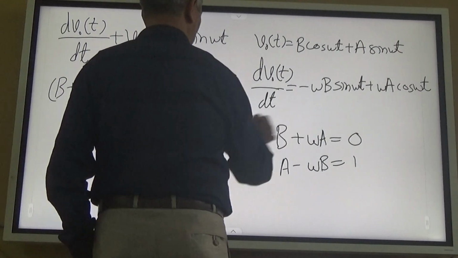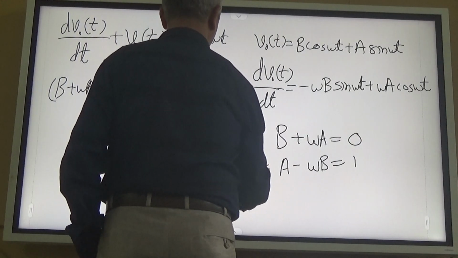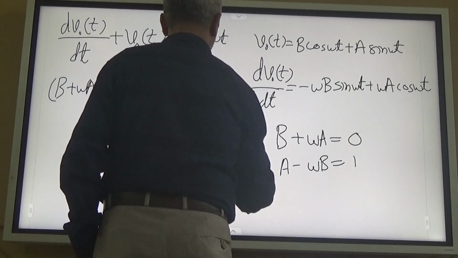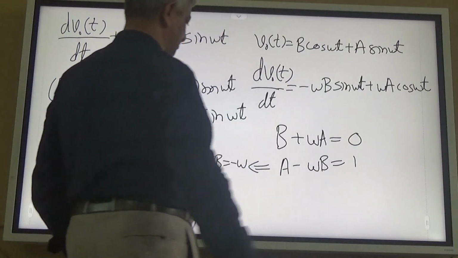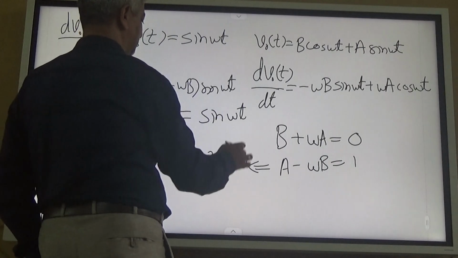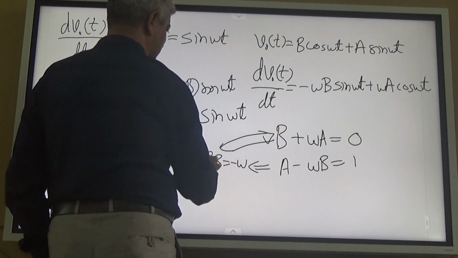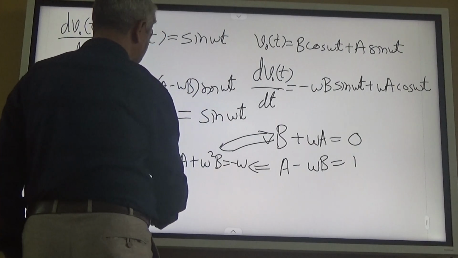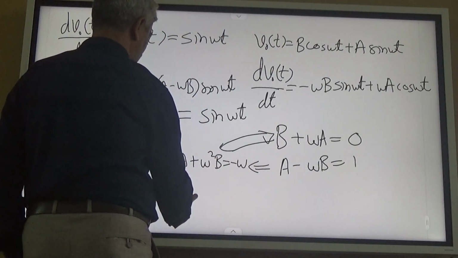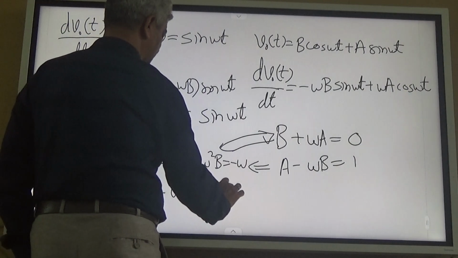Then I add these two. Minus omega A plus omega square B equal to minus omega. These two I add. When I add these two, omega A gets cancelled, and B plus omega square B is equal to minus omega.